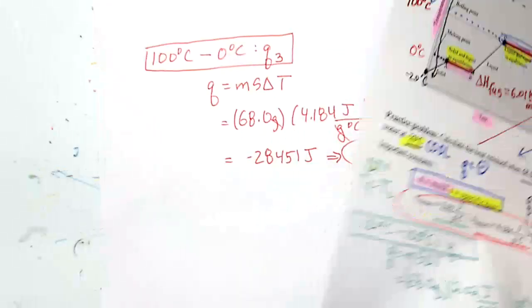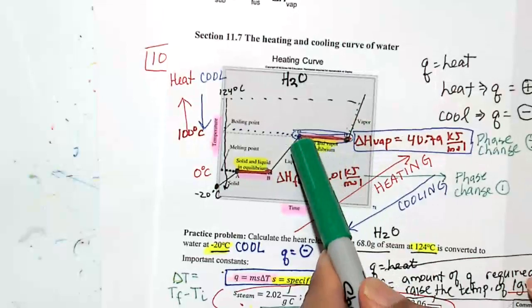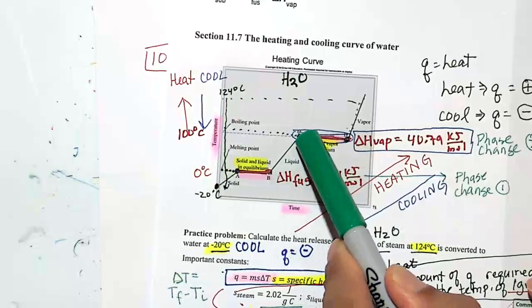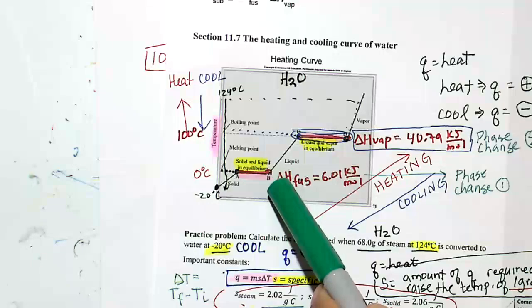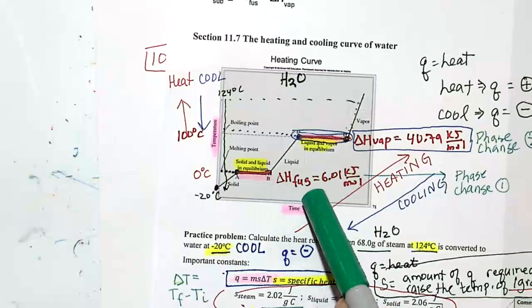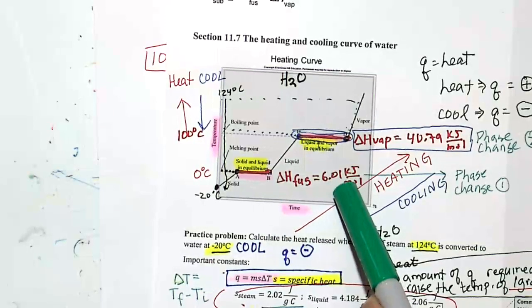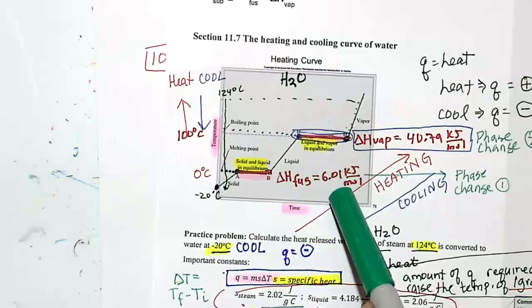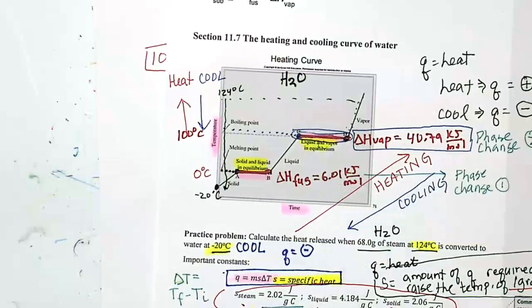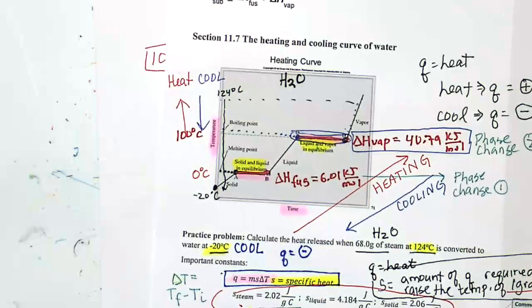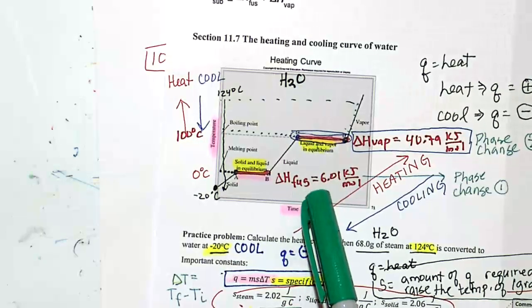All right, and now we've crossed this, which was phase change. We went from 100 to 0. What happens at 0? Okay, what happens is 0 is a phase change, and that phase change this time is 6.01 kilojoules per mole. You do not have to know that number. I'll give it to you, but this is the energy for water to get it to melt. Okay, most of it's going to remove those hydrogen bonds. So now we'll do Q4.